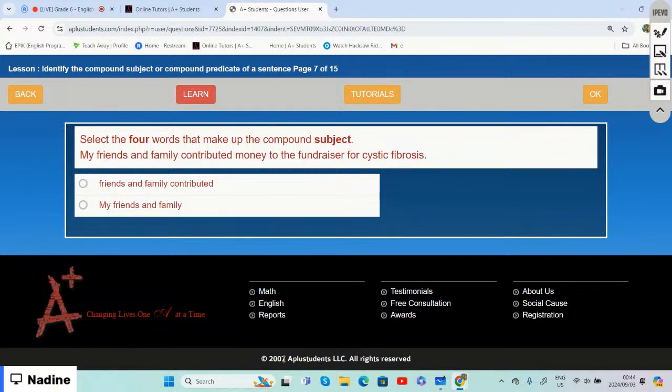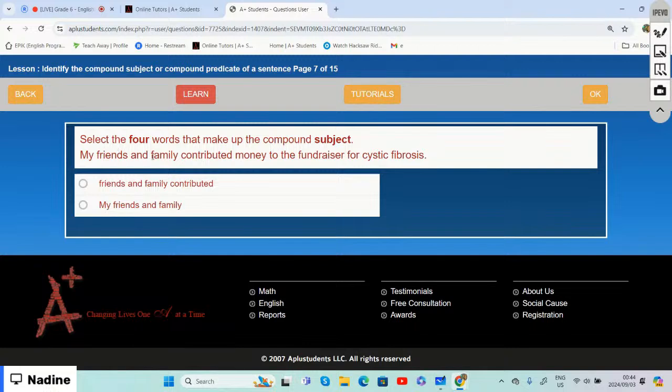And then the last one. This is the last one where we need to select the four words that make up the compound subject. All right.